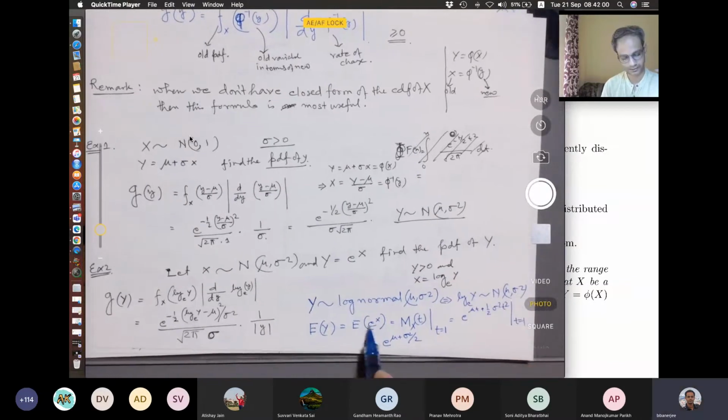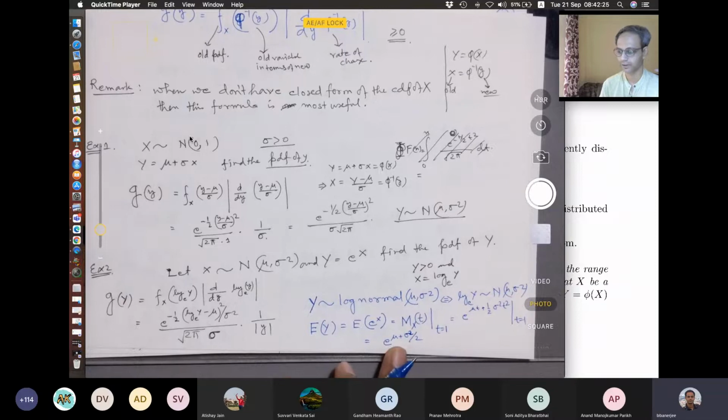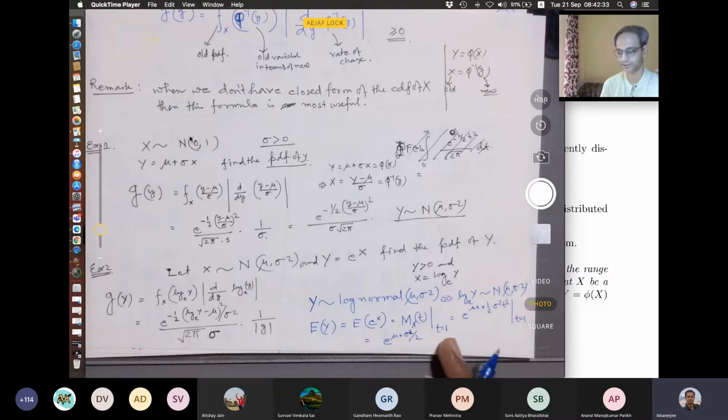This is the moment generating function evaluated at t equals 1. Students often make the mistake in interviews that if you ask what is the expectation of e to the power x, they just say it is e to the power mu. That is not correct. So be careful, and it is very easy if you know the moment generating function. Just put t equals 1, you will get the answer.